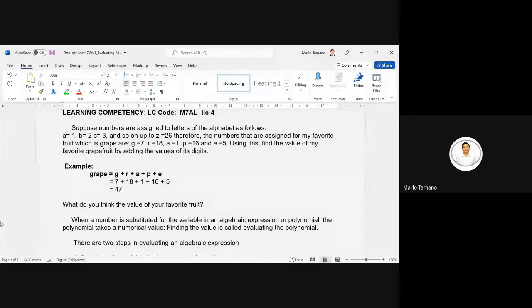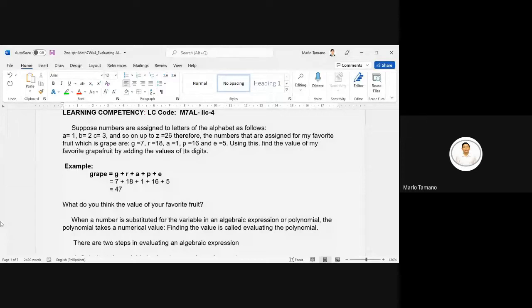Suppose numbers are assigned to letters of the alphabet as follows. Letter A is 1, letter B is 2, letter C is 3, and so on, up to Z, which is 26.